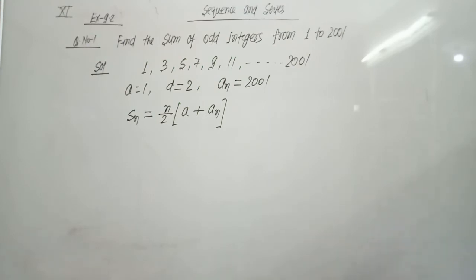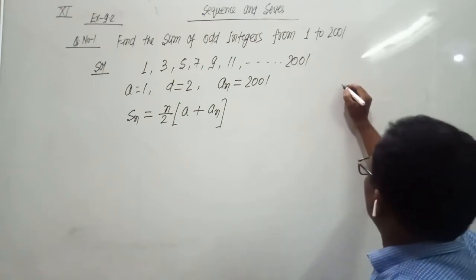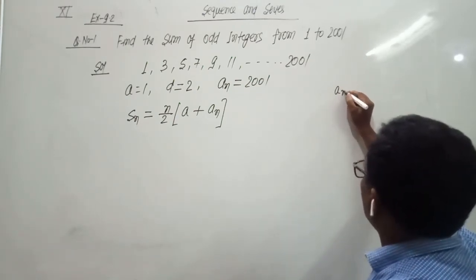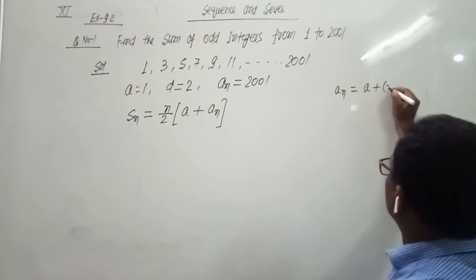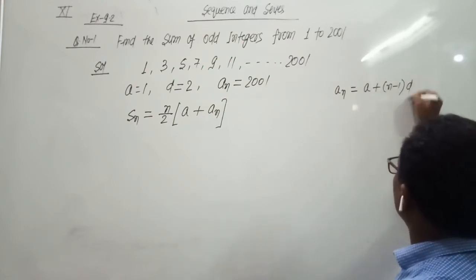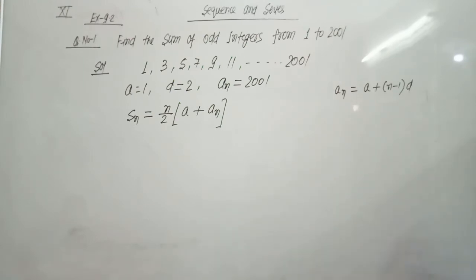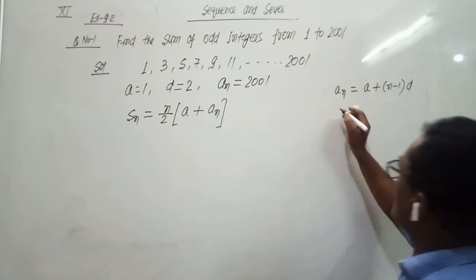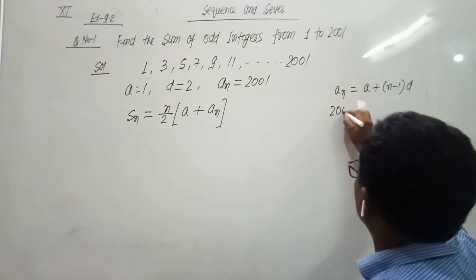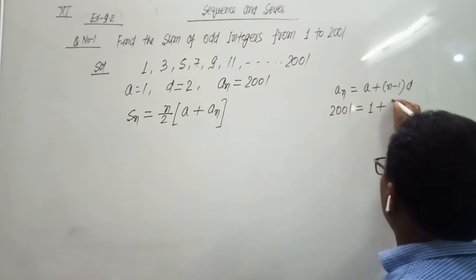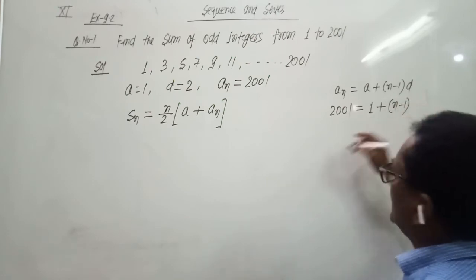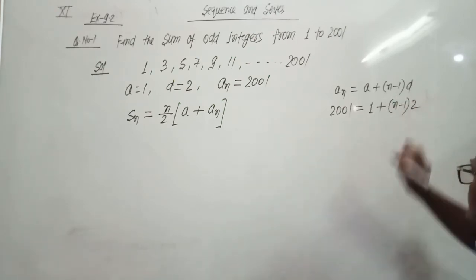So for finding n, we use the formula An equals A plus n minus 1 into D. An is the last term, which is 2001, and A is the first term, which is 1. n we have to calculate and the value of D is 2.